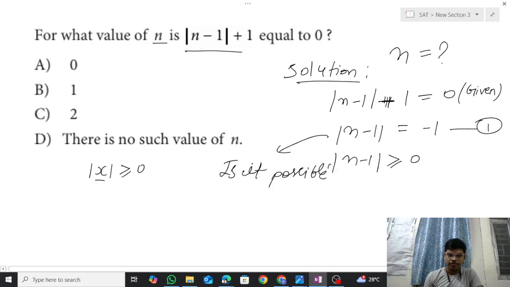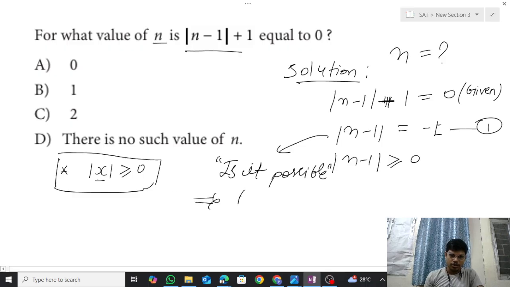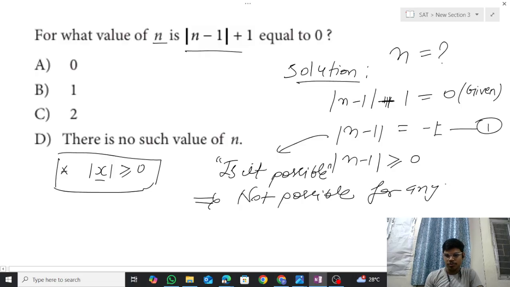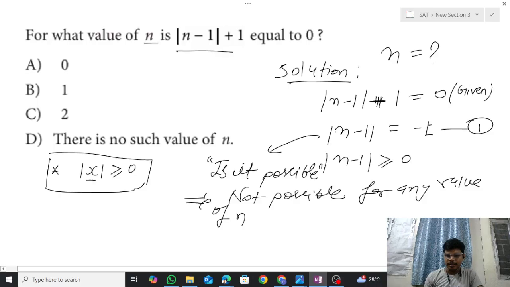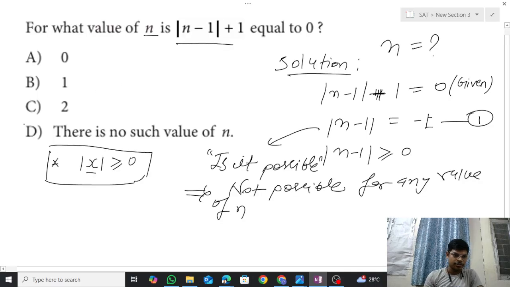First, try to think, please. Is it possible for the modulus value of n minus 1 to be equal to minus 1? I think never, because we know the property. Not possible for any value of n, which means such an n does not exist. So option D is correct. That is a very easy question.